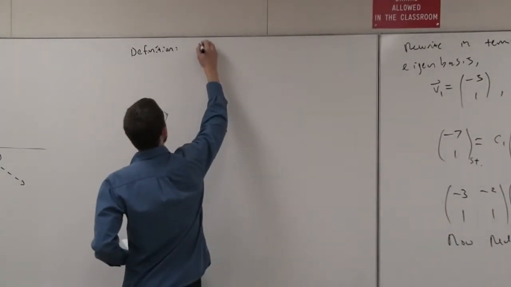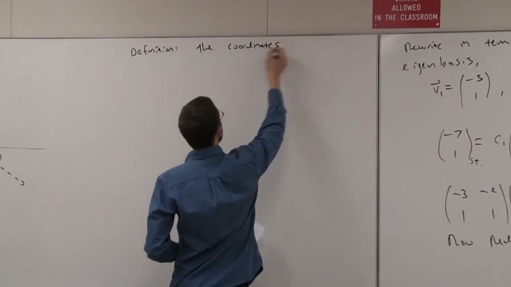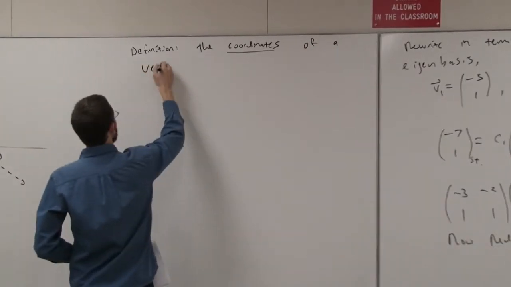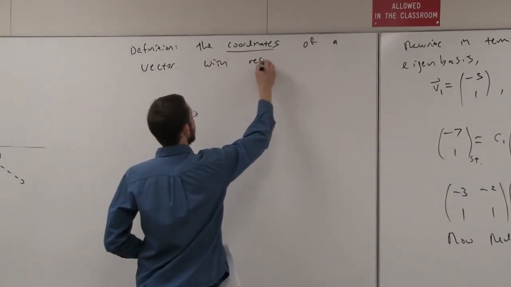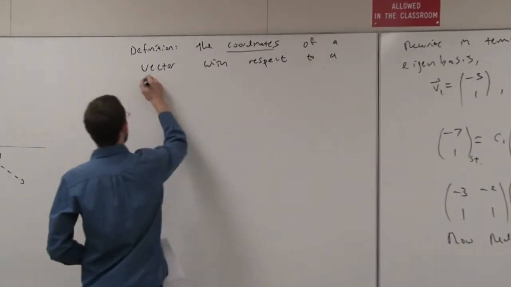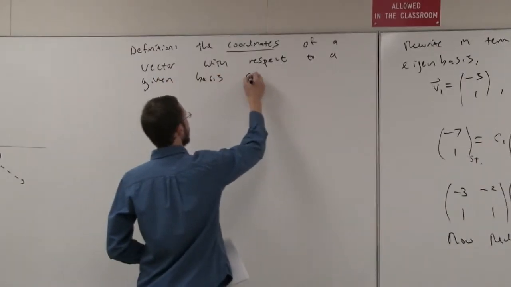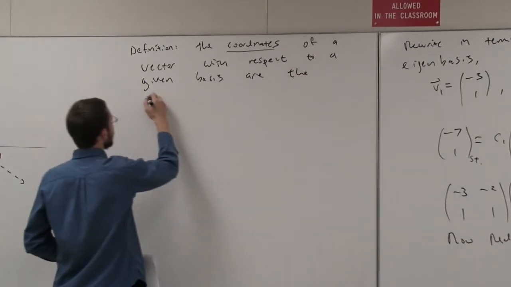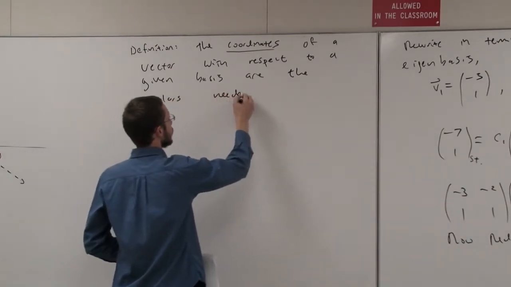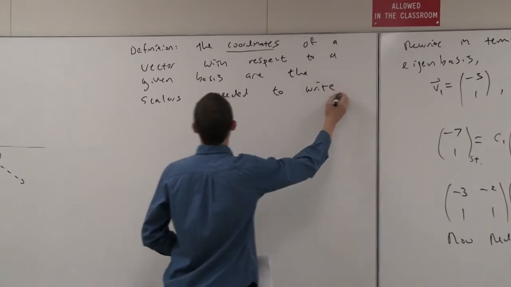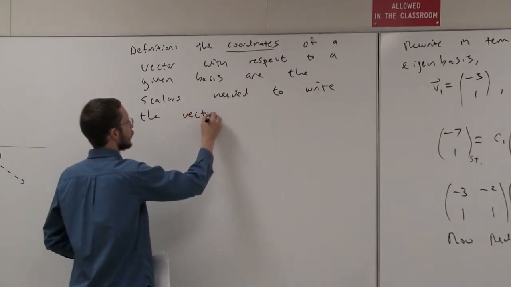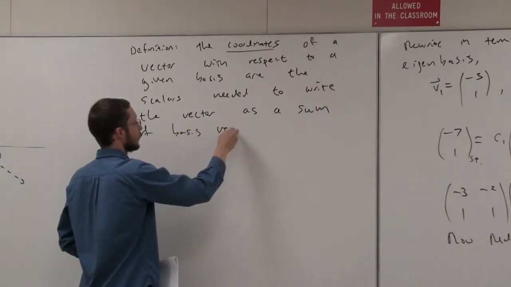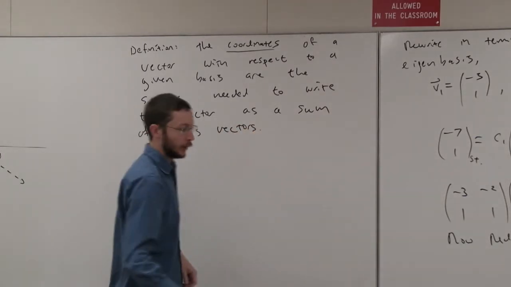But the coordinates of a vector with respect to a given basis are the scalars needed to rewrite whatever vector you're looking at.